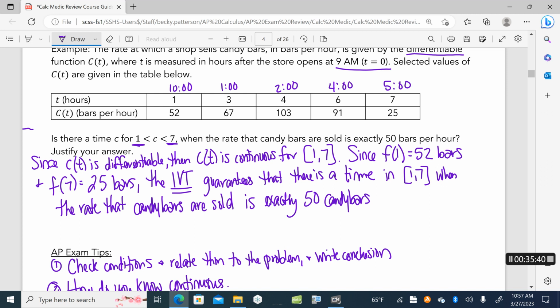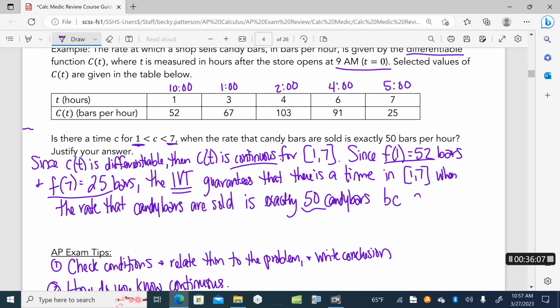Now, I'm missing one piece. The IVT says that I have to be continuous, so I have that part. Since f of 1 is 52 and f of 7 is 25, I know that I can hit 50 candy bars because 50 is between the 25 and the 52. I have to say that.